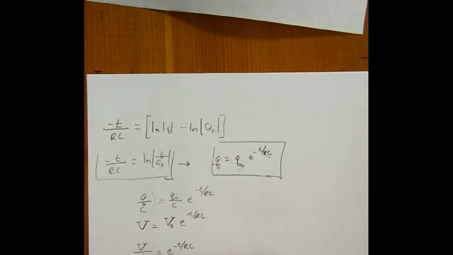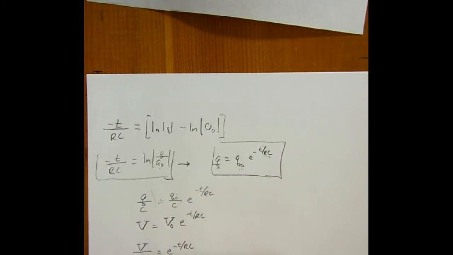Now to get rid of that e, we're going to do exactly what we did before. I'm going to take the natural log. I can say the natural log of V over V naught is equal, that gets rid of that. Now I have a negative t divided by RC, where that RC is my time constant. So all I now need to do is rearrange.